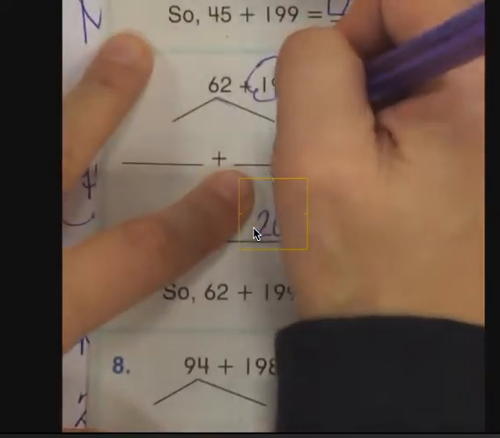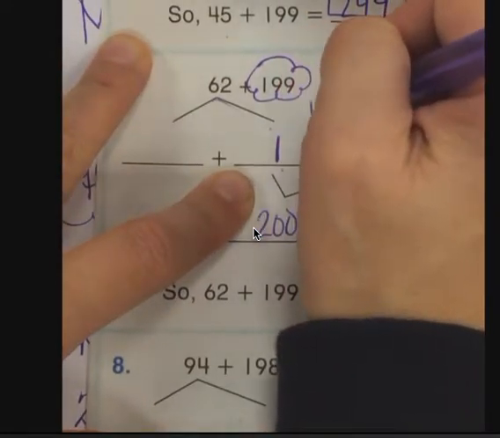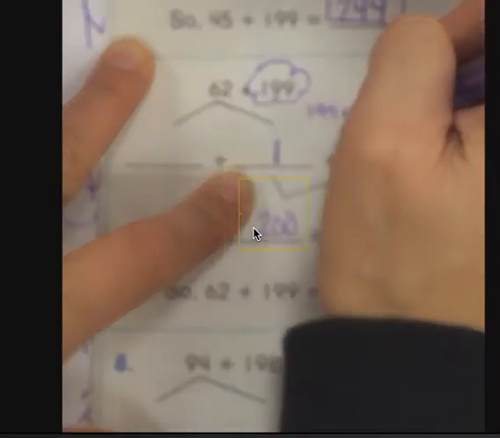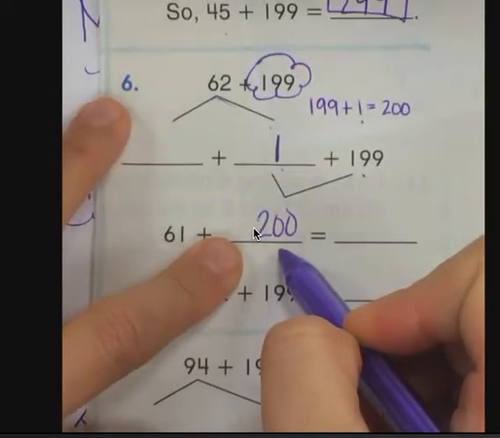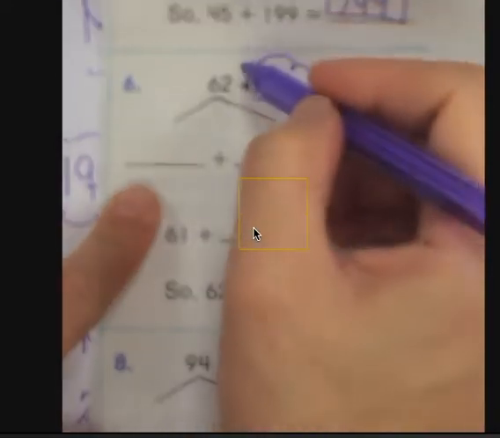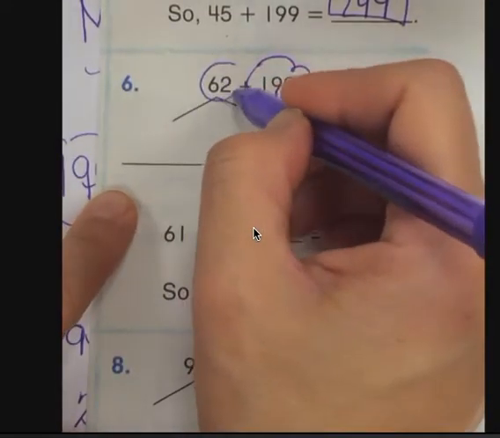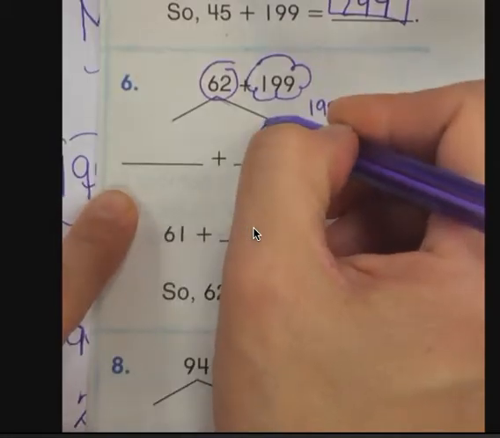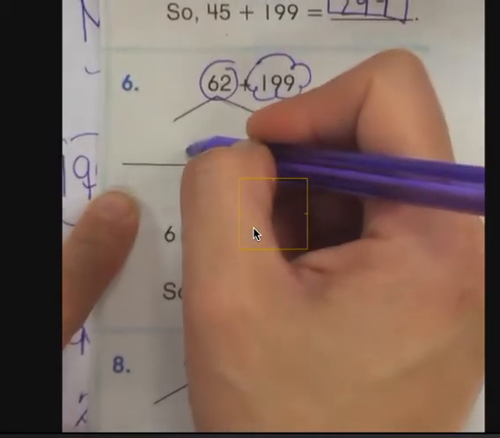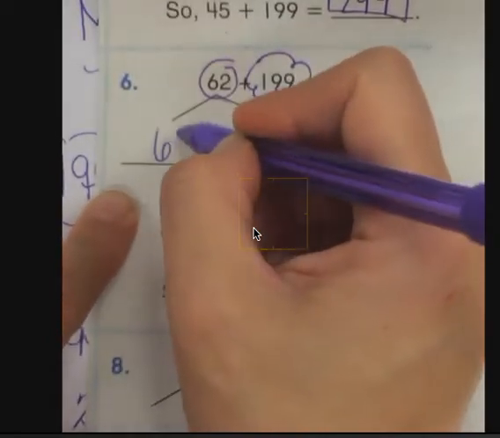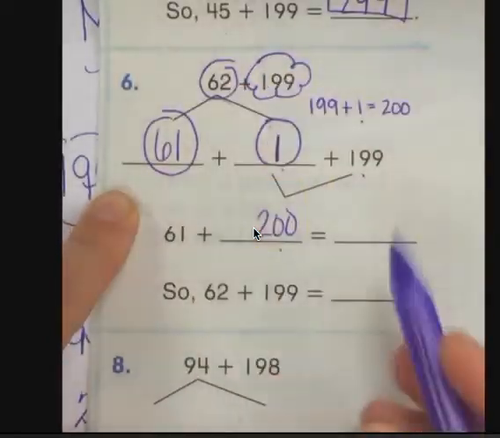And again, they skipped that step that we did in class. How do we get to 200? We add 1. So there's that side, but now we've got this side. And here's my number bond. 62, 1. 62 minus 1, or 1 plus something equals 62. It's got to be 61.